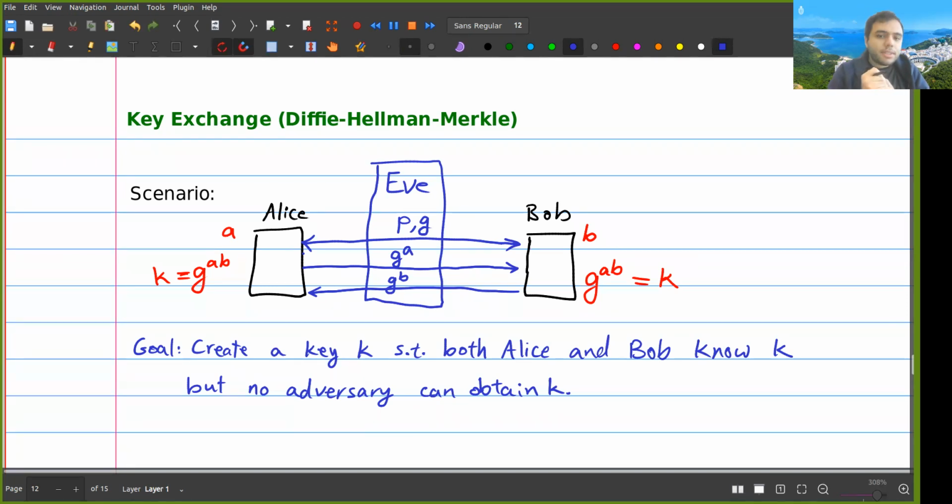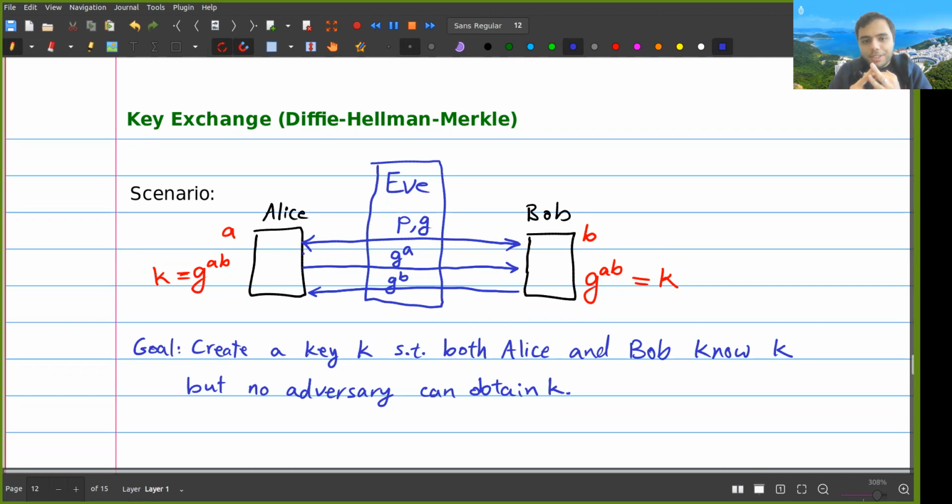And if P is a small number, then the answer is yes. So if, for example, P is just 1,000 or something small like that, and I know P and I know G, I can just easily brute force all the possibilities for A, right? So that's the reason why P should be a large number.